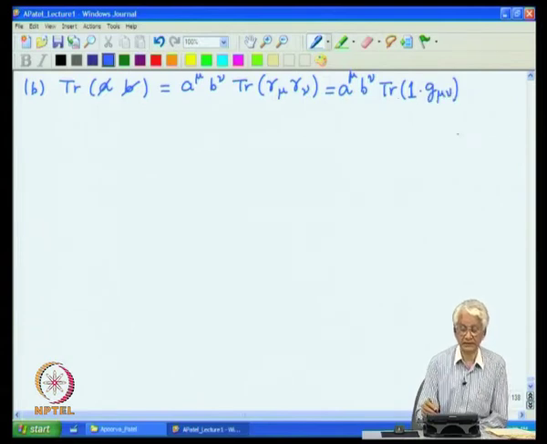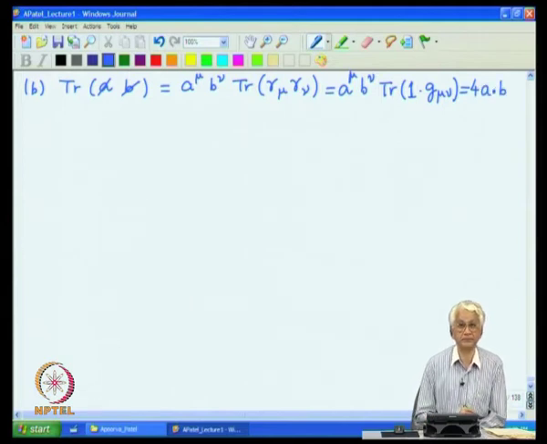We have seen the trace of identity is 4, and A mu B nu multiplied with this Lorentz metric just produces the dot product of the two vectors. This whole object is equal to 4 times A dot B. So, this is a typical example of how various products are manipulated.